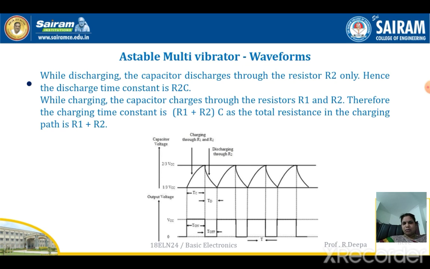So thereby it will be producing a continuous rectangular or square wave based on the T on and T off period. If both T on and T off periods are the same, then you will get a square wave. If they are different, you will generate a rectangular pulse as shown here. This is the graph drawn with respect to the charging of the capacitor and the output voltage V0, which is available at pin number 3.